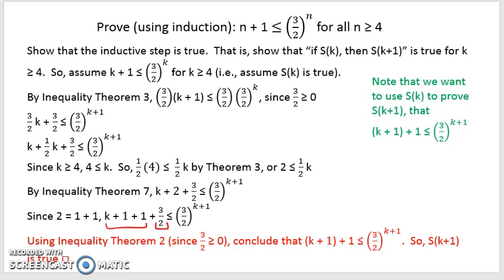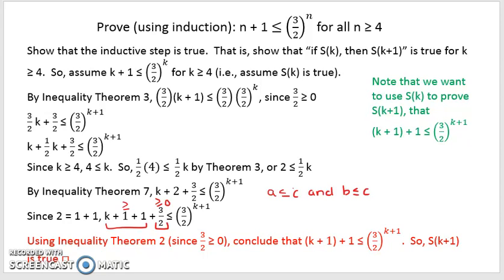Notice that each of these pieces is greater than or equal to 0, or not negative. This is greater than or equal to 0, also not negative. And that's where inequality 2 is so important. Basically it says if a plus b is less than or equal to c, then I know that a is less than or equal to c, and b is less than or equal to c. In other words, since they're all positive, each piece has to be less than or equal to the c.